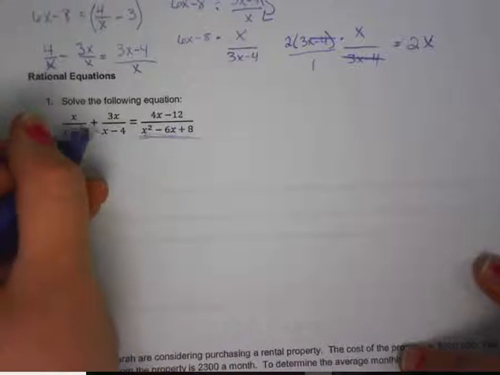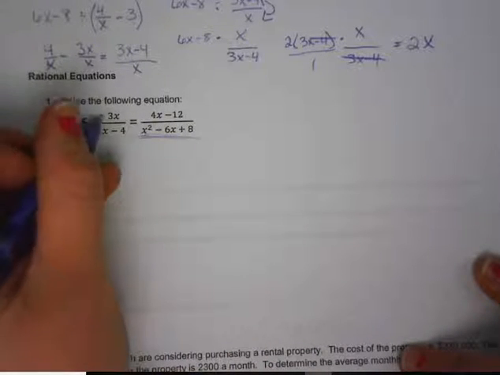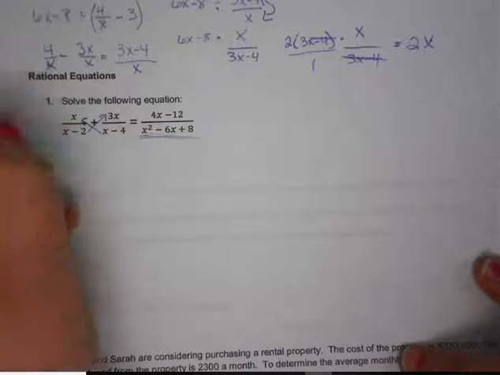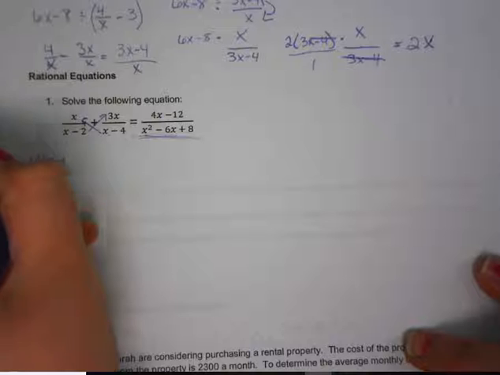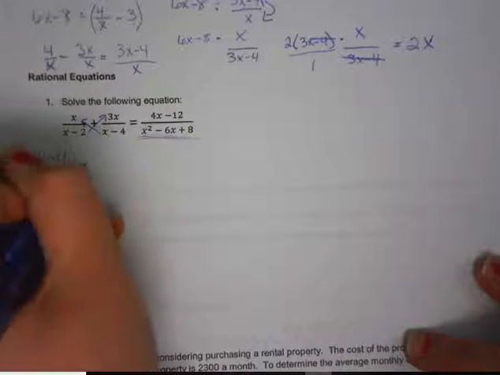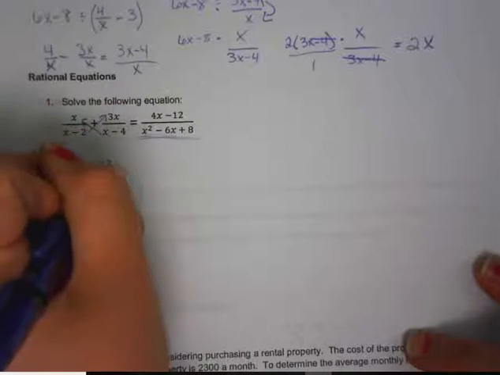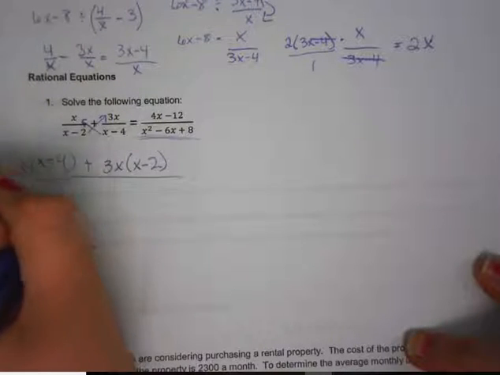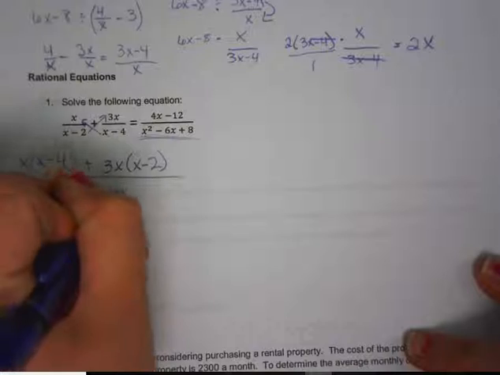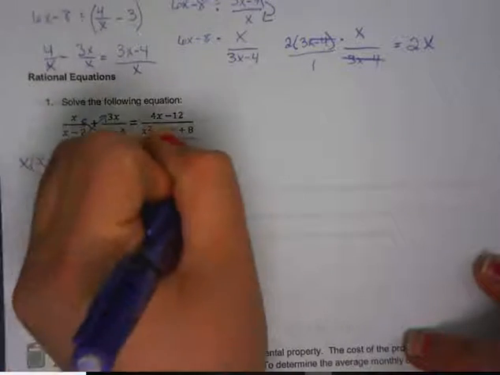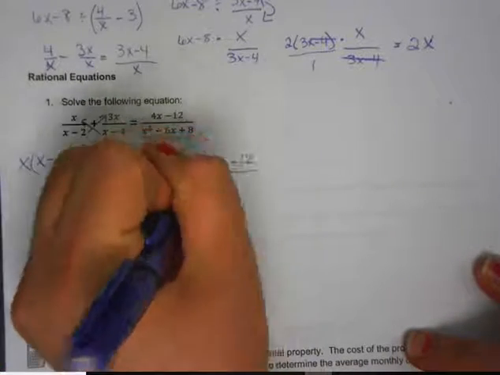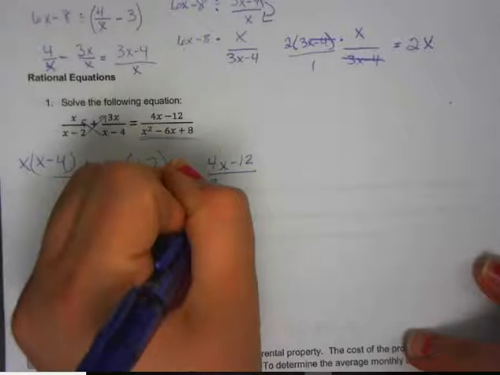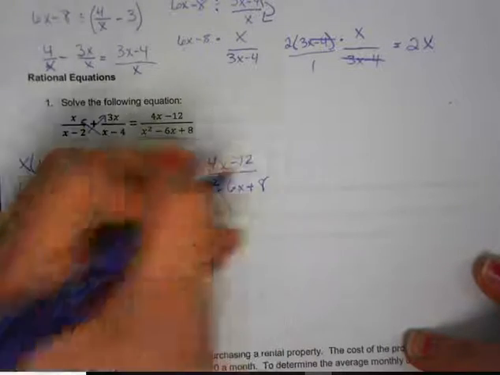So we're just going to multiply each of the numerators by the other denominators. So x minus 4 times x plus 3x times x minus 2. And it's going to all be over x squared minus 6x plus 8 equals 4x minus 12 over x squared minus 6x plus 8.